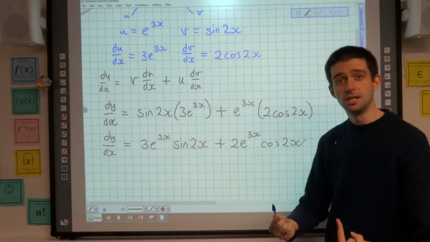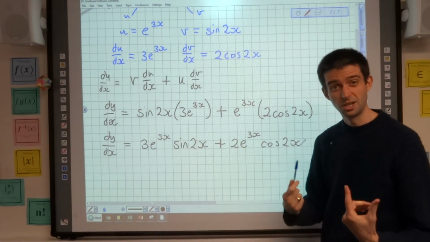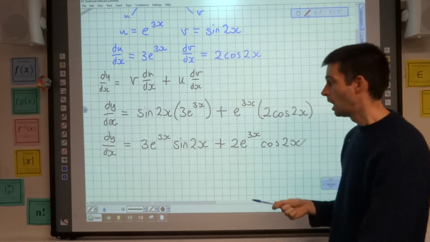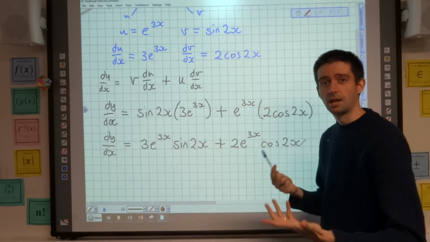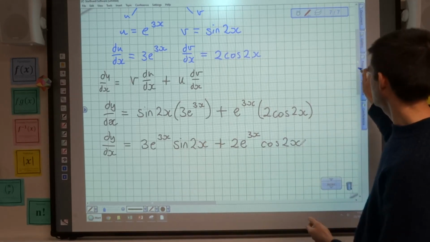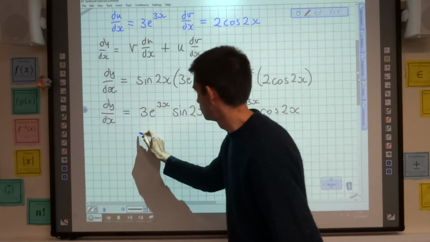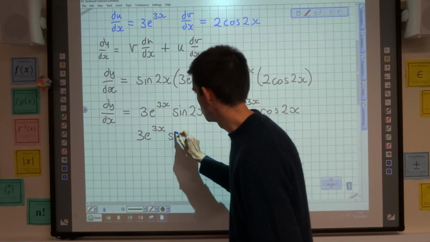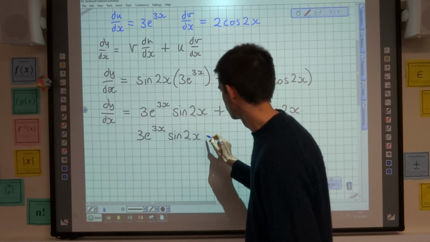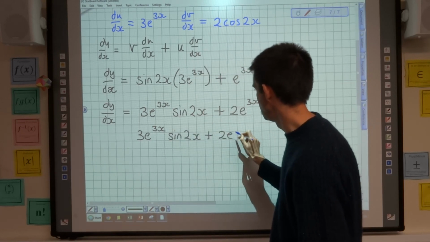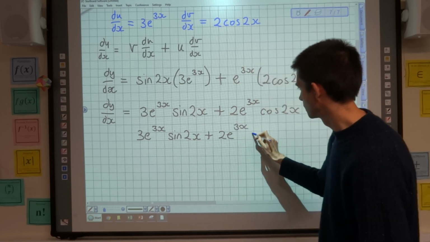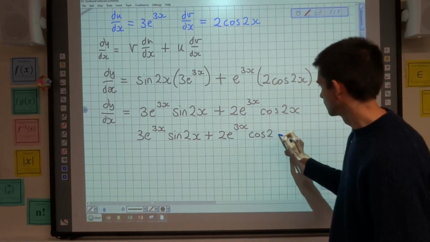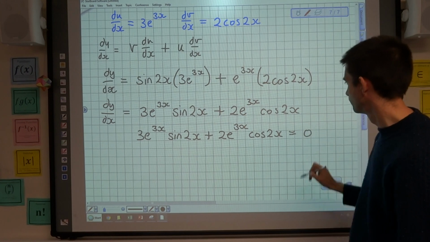To find the turning point, or a specific turning point we're going to find here, I need to make this equal 0 and solve to find x. So here we go then. So we have 3 e to the 3x sine 2x plus 2 e to the 3x cos 2x equals 0.